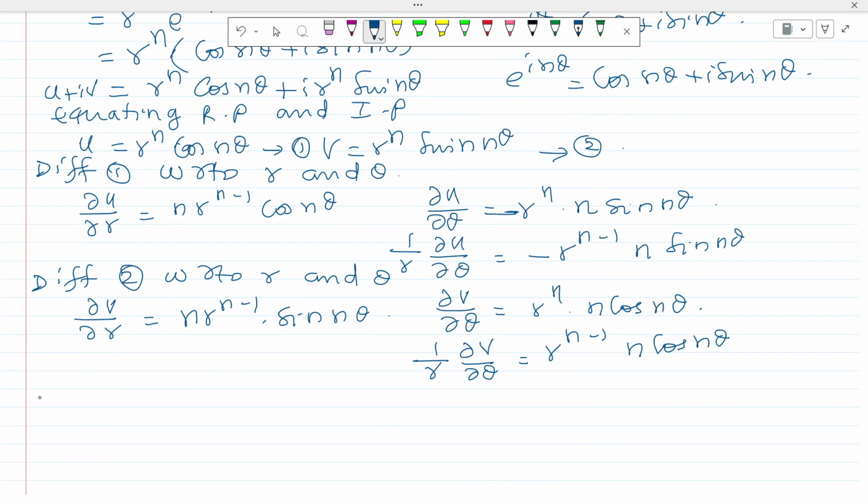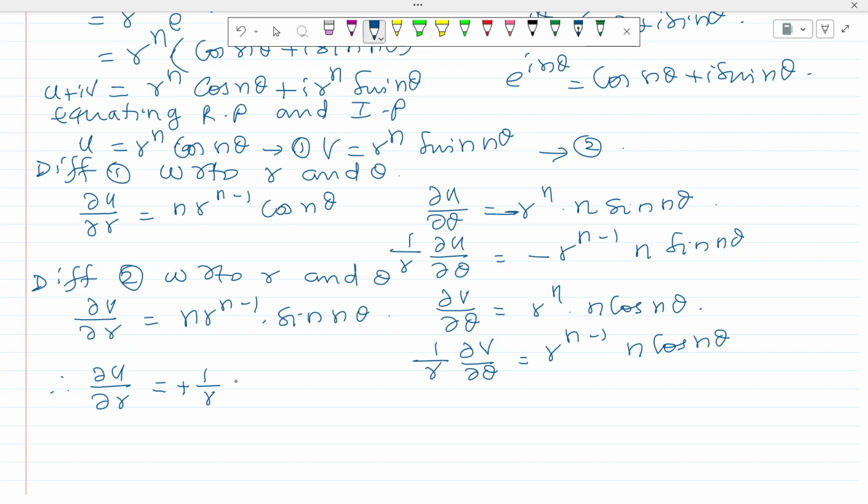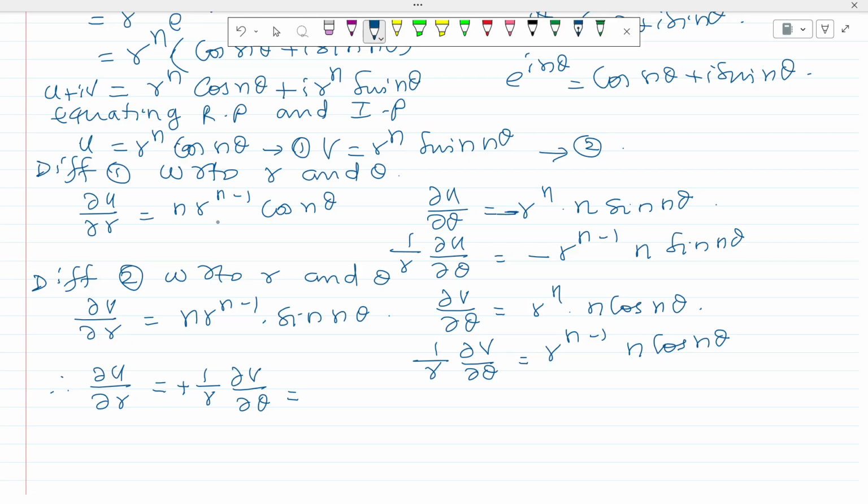So therefore, dou u by dou r equal to 1 by r dou v by dou theta. What is dou u by dou r here?